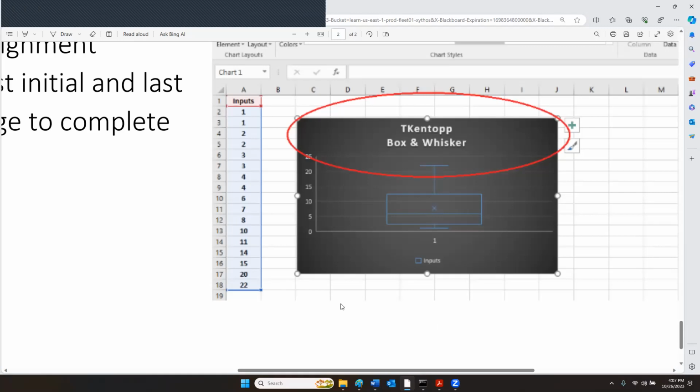You could say most of the values are evenly distributed between the lowest and the highest. In this case, most of my values fall closer to the minimum.